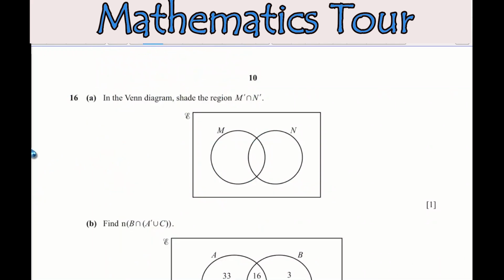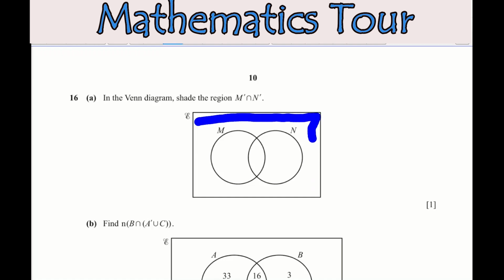Question 16a. In the Venn diagram, shade the region not in M and not in N. So it will be outside the two circles. We can easily shade the whole of this.